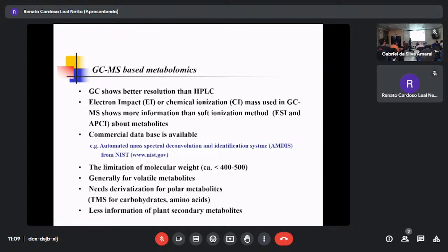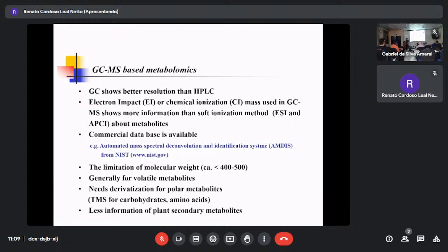Sometimes APCI is also used with GC, which is also possible. One of the advantages of GC is that a commercial database is available, a very plentiful source for chemical identification.